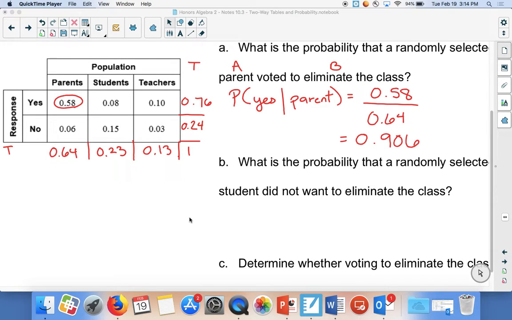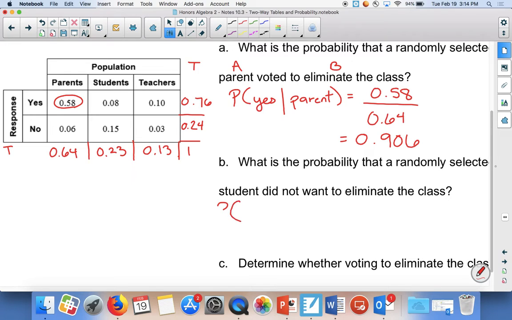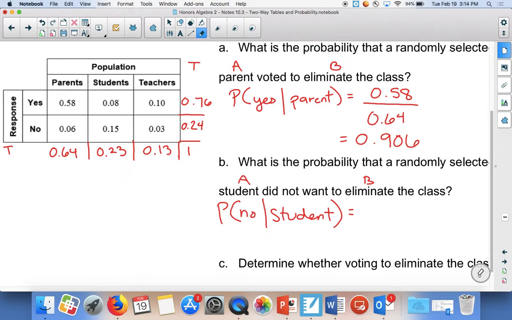So now we're going to look at what is the probability that a randomly selected student did not want to eliminate the class. That's going to be the probability that they said no, given that they were a student, because it goes in order. Student, no. So what's the probability that they said no and they're a student?